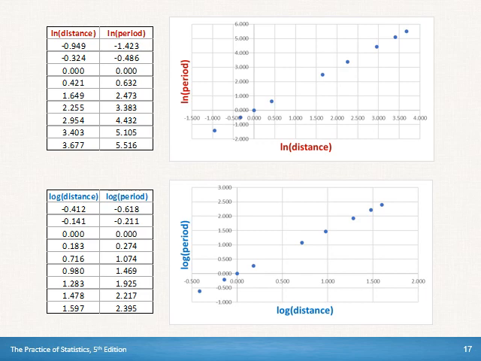And you can see it doesn't matter what base I take, they still straighten out the data. Now, the equation that we would write, the best fit line for both of these transformations will certainly be different. The slopes are different. If we look at this upper point here, it has an x coordinate, I don't know, maybe 3.5. This upper point here has an x coordinate of about 1.6, 1.7.